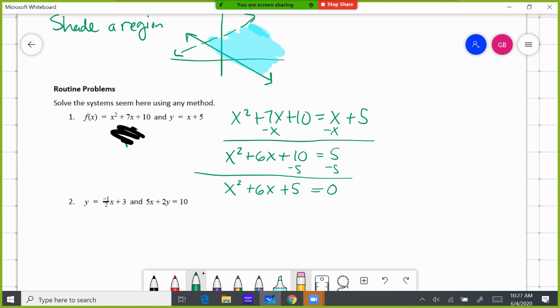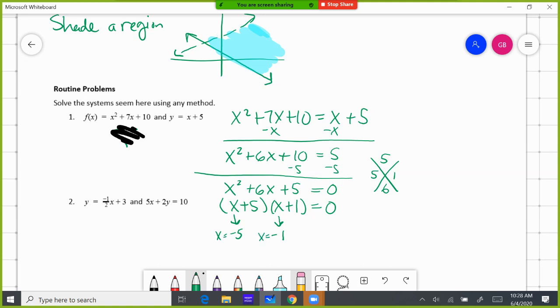Okay, so to solve this, we're going to factor. Numbers that multiply to 5 and add up to 6 are going to be 5 and 1. So the factors are (x plus 5)(x plus 1) is equal to 0. And then the numbers that make these 0 are going to be negative 5 and negative 1. Those are the x values.